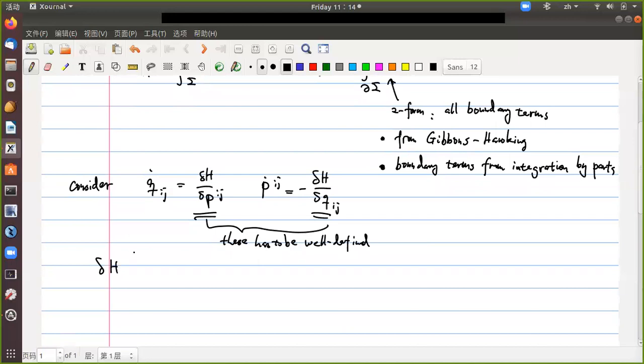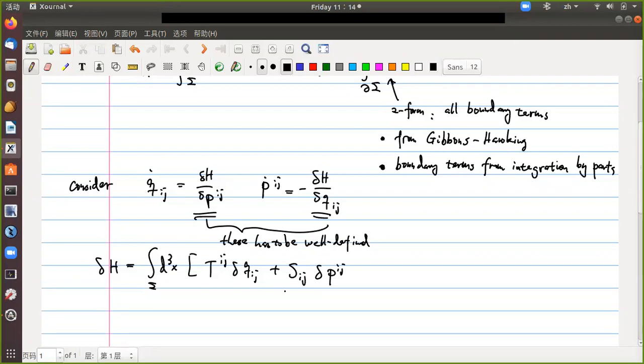So let's consider the variation of H, and rigorously produce this variation of H. It will be a linear combination of the variations of all the variables; this is the total derivative of H. The coefficient for delta q_ij I will call t, and for delta p^ij I will call s.